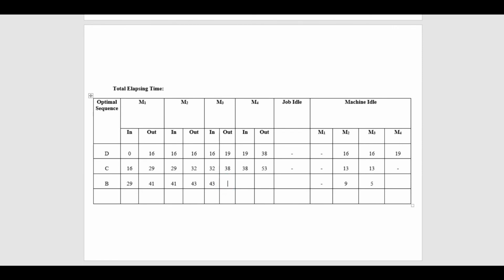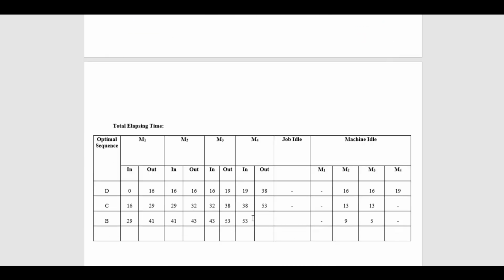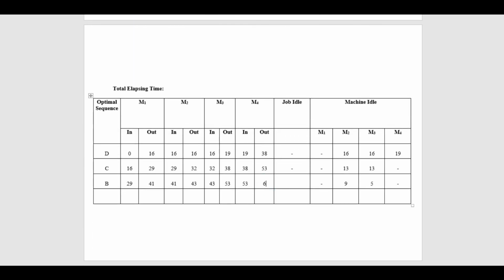So 10 plus 43, 53. Okay, in the previous case the machine is available at the 53rd minute. So here the job is loaded at the 53rd minute, so there is no idle condition of machine 4. Okay, so the processing time will be 12. So 12 plus 53, this is 65.